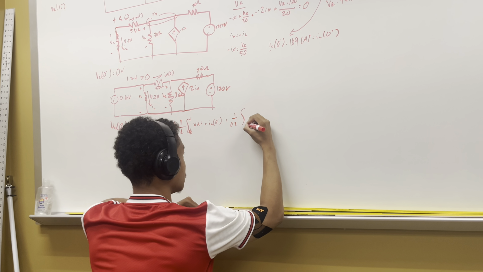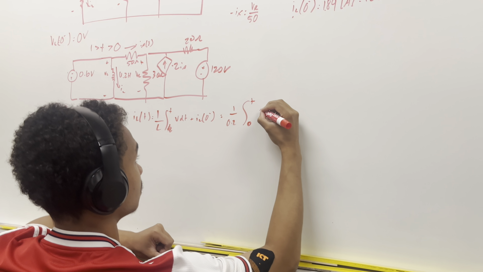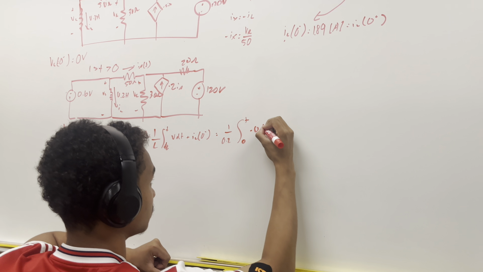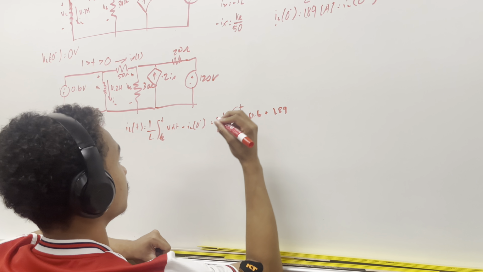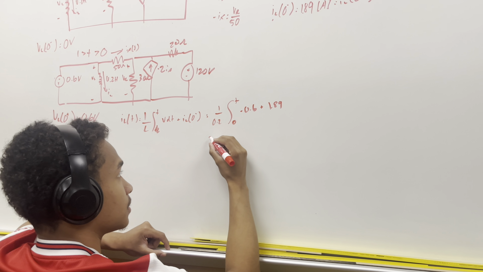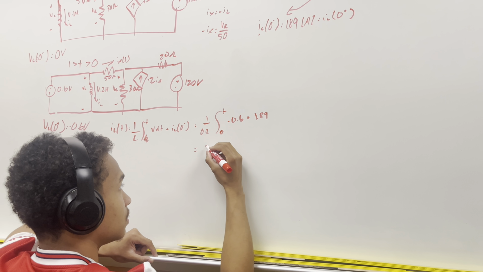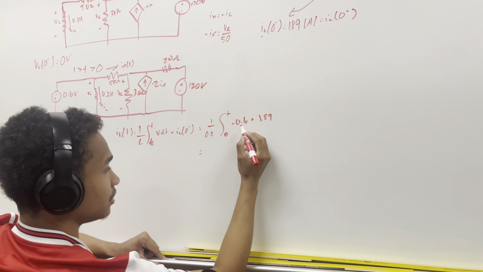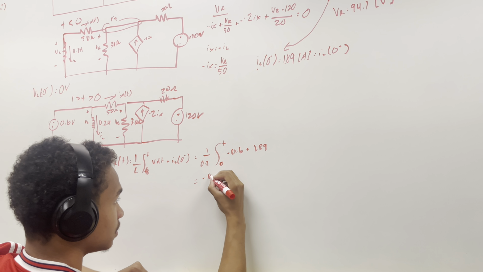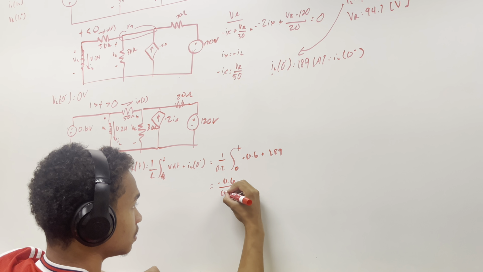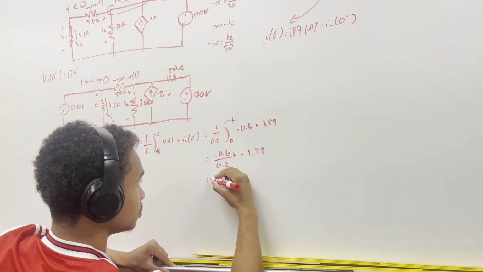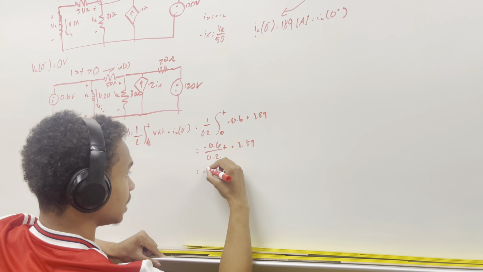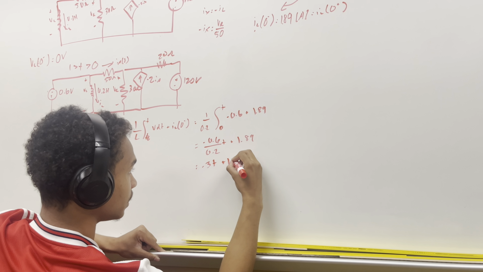Our initial time is 0, our voltage is negative 0.6, and our initial current is 1.89. Now to simplify this, since it's just a constant value, we have negative 0.6 over 0.2 times t plus 1.89. And this is equal to negative 3t plus 1.89.